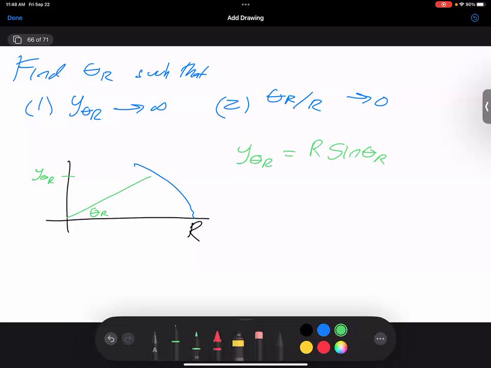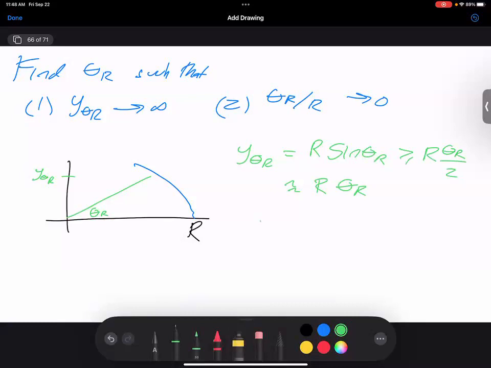And if theta r is small, what is r sine theta r approximately? It's approximately r theta r. And you can actually show that this will be greater than or equal to r theta r over 2. It's going to be at least that big.